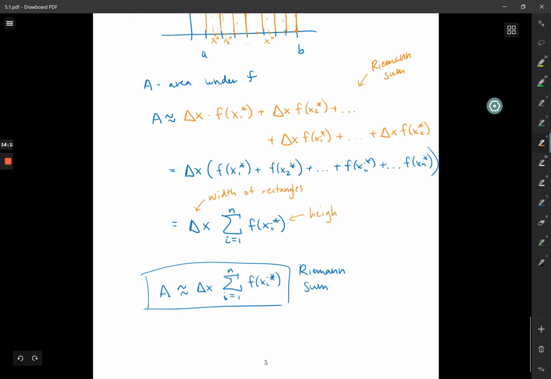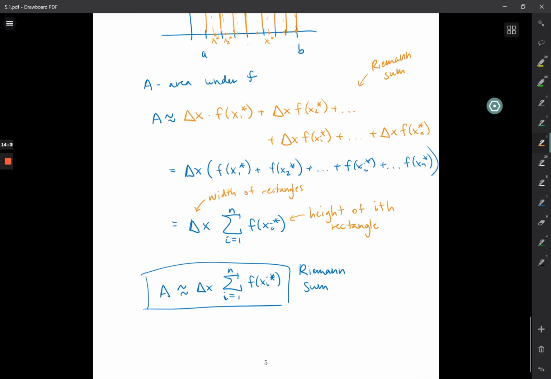If you look at just one, f of xi star, that is the height of the ith rectangle. Right, so that is the Riemann sum.